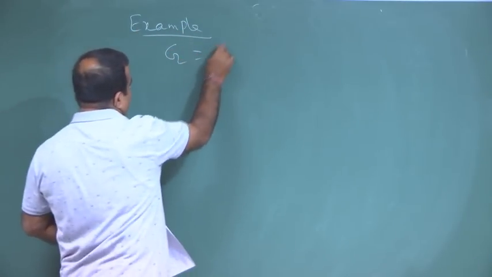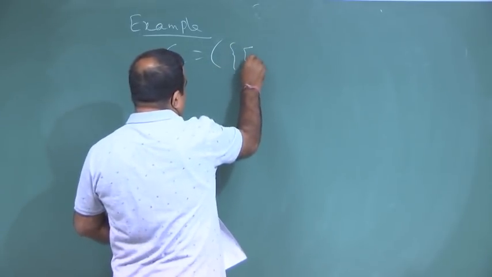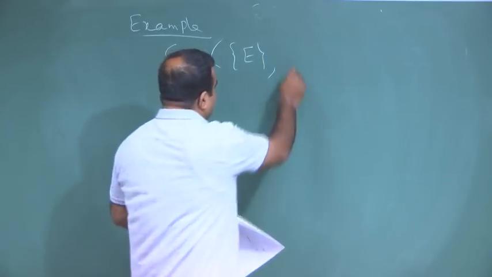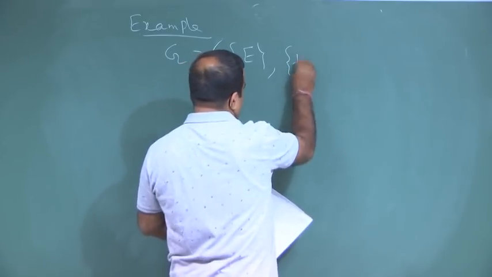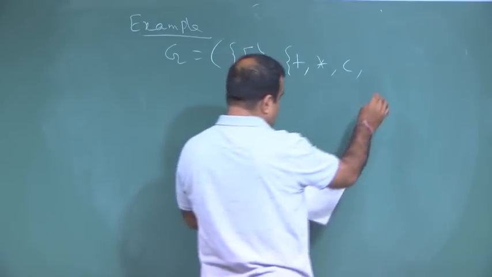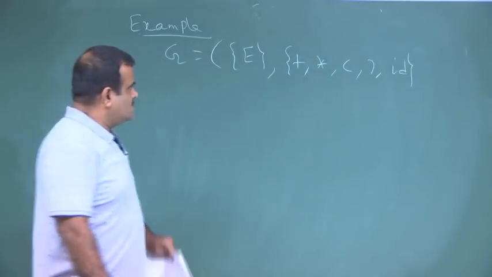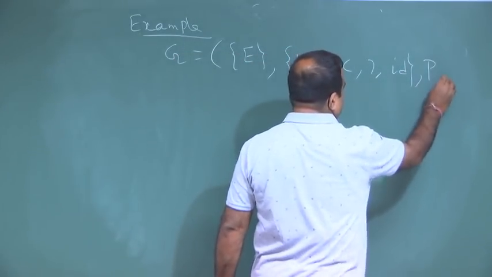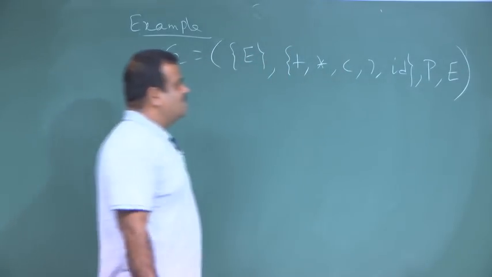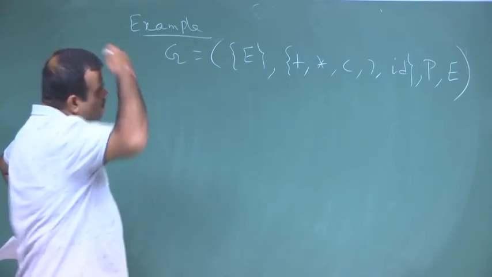So, let us take this 4 tuple. We have only one variable, E, which is also the starting variable, and we have many terminals: plus, star, bracket, closing bracket, and ID. Then we have the rules, P. Now, we have to define the rules.